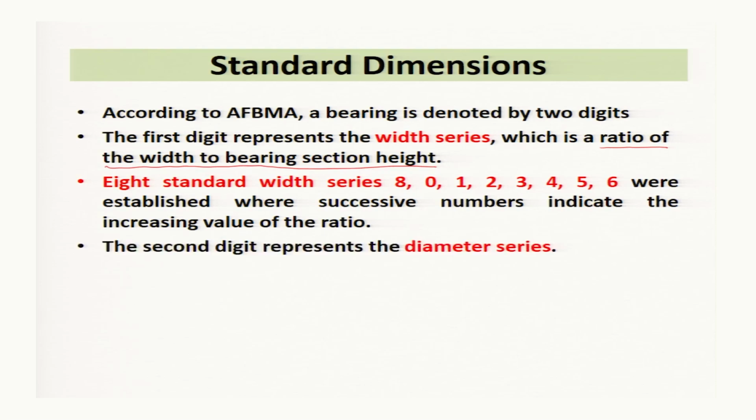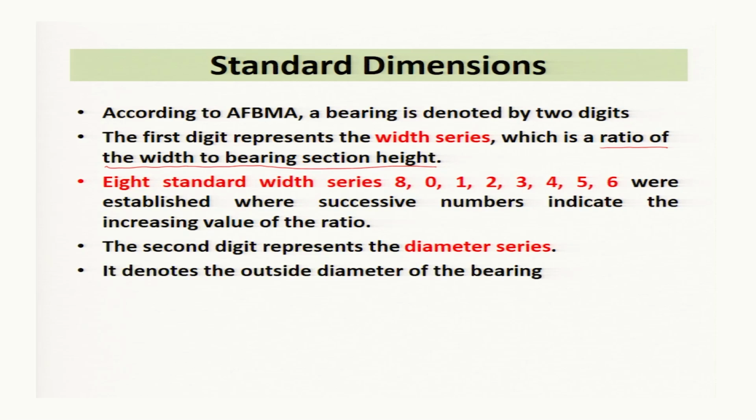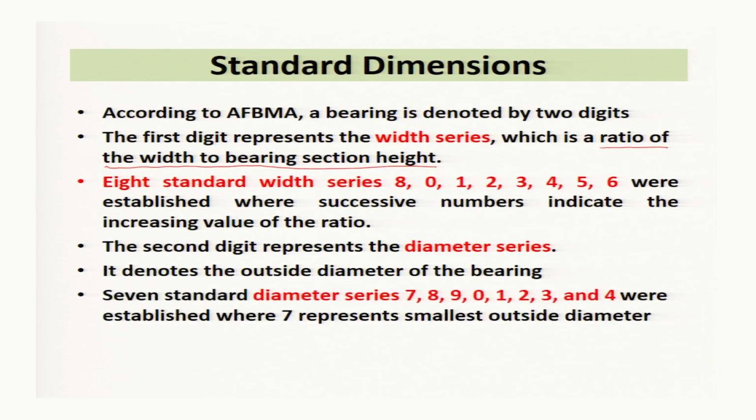The second digit represents the diameter series. It denotes the outside diameter of the bearing. 7 standard diameter series are there, and they are 7, 8, 9, 0, 1, 2, 3 and 4, where 7 represents the smallest outside diameter.